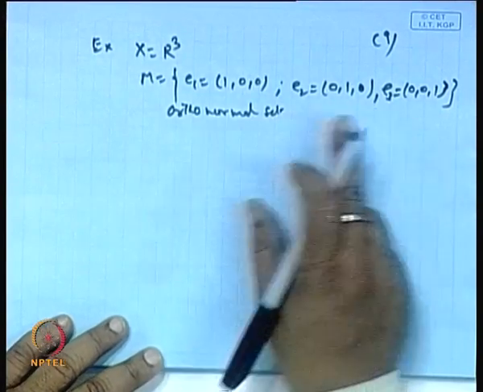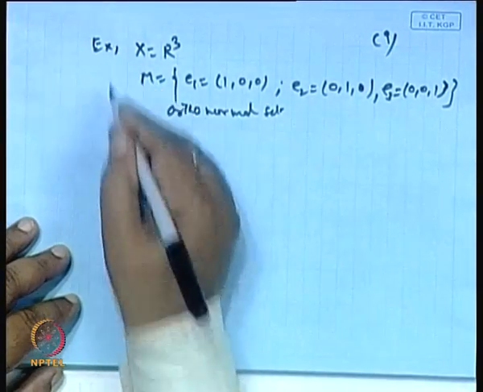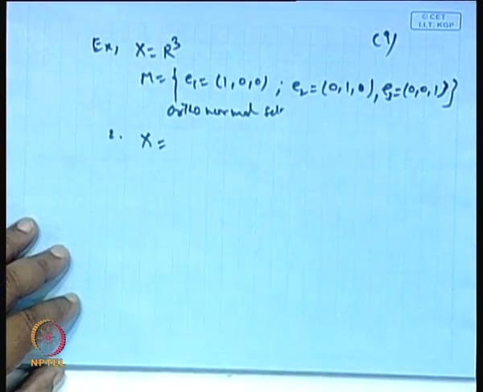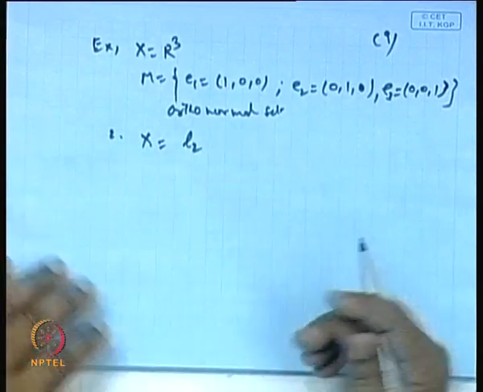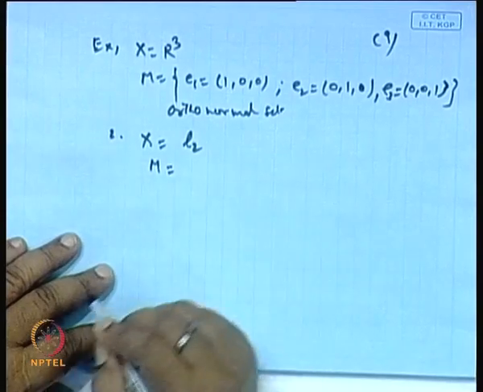Each one has norm 1 and they are at right angle to each other. Clear? Then if we take X to be L 2, it is an inner product space, then what is the orthonormal sequence?